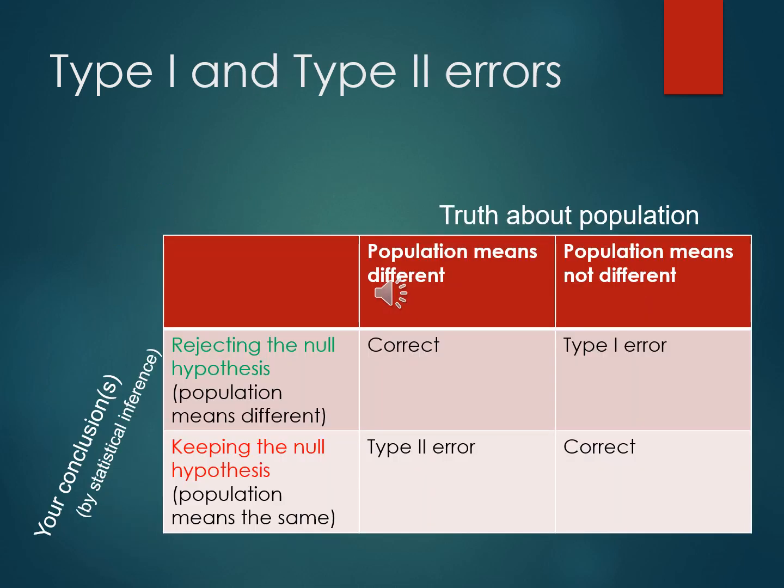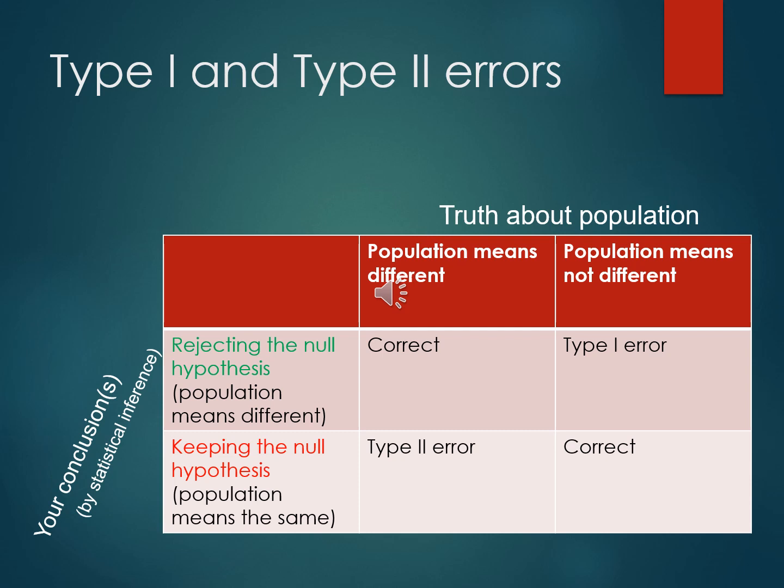Another way of understanding type 1 and type 2 error is to use a 2 by 2 table. The columns represent the actual truth about the population that you never know, but we assume that it's categorical: either population means are different or they are not different. The rows, top and bottom, represent two different categorical decisions that you make. The top is rejecting the null hypothesis, declaring that two population means are different.